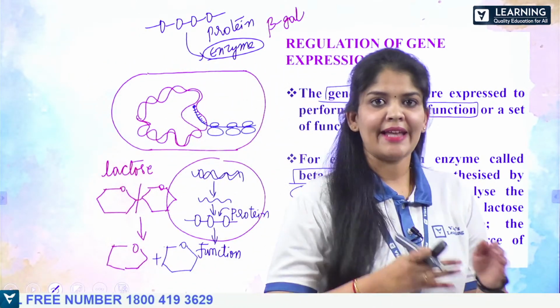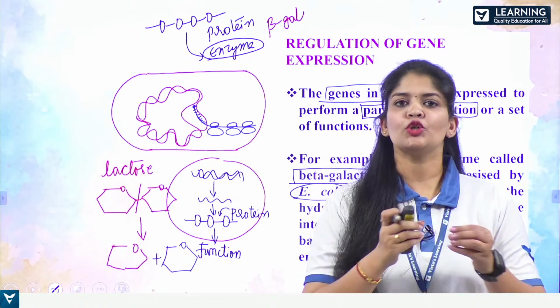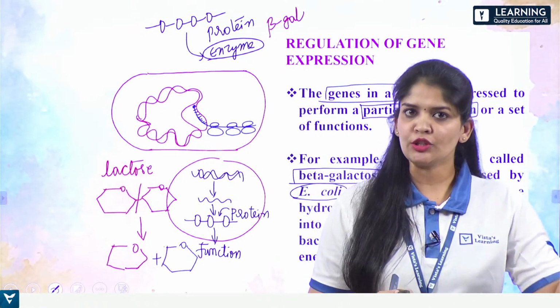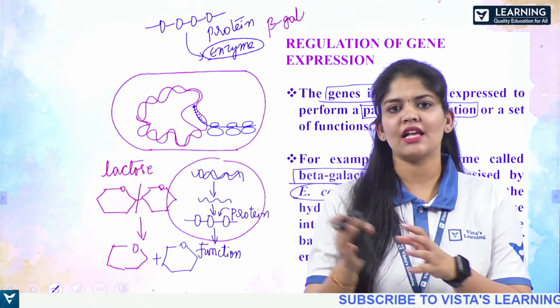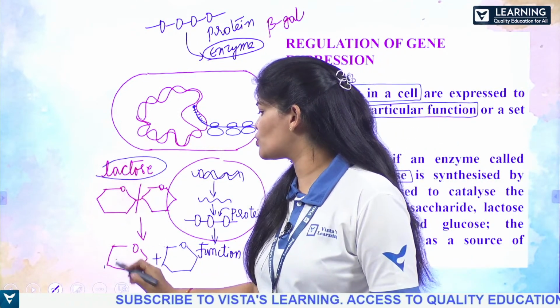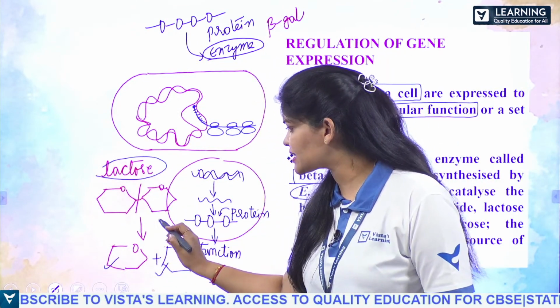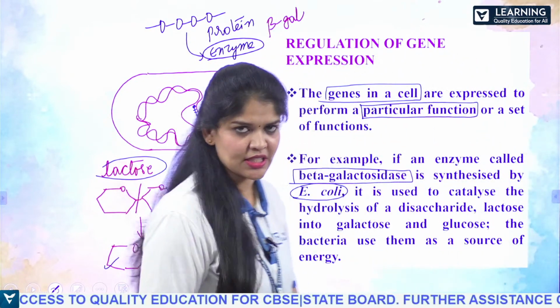See, lactose is a disaccharide which undergoes hydrolysis to produce two monosaccharide units, and those monosaccharides are glucose and galactose. So lactose breaks down to produce glucose and galactose, and this reaction is catalyzed by an enzyme, and that enzyme is beta galactosidase.